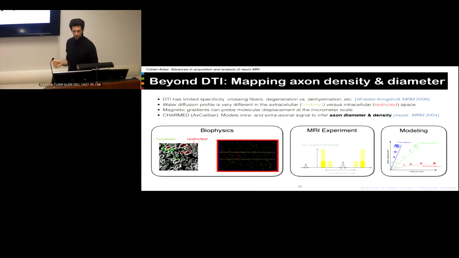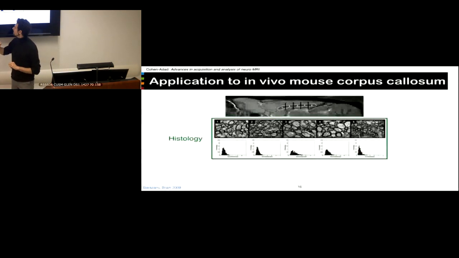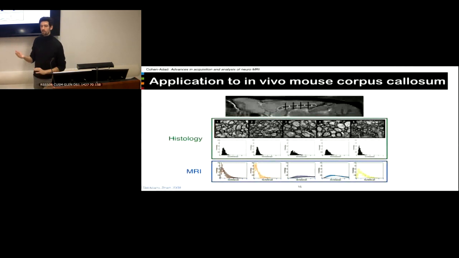One thing we could do is represent those different volume fractions and estimate how much of axons we have in a particular volume. And what's cool is that we can also infer the actual shape of those axons and their size.